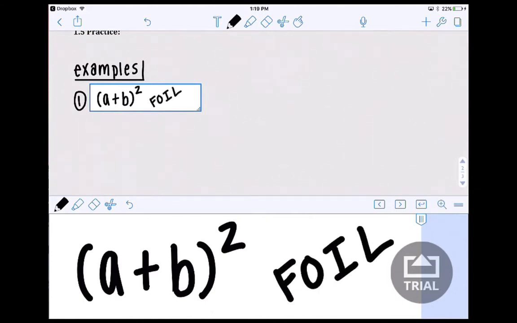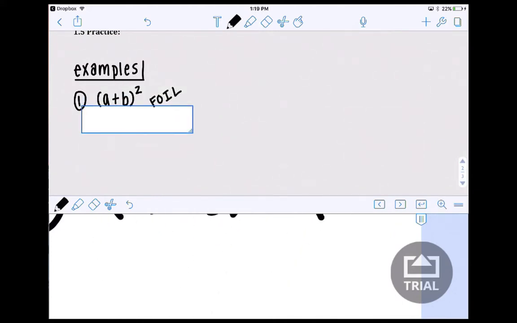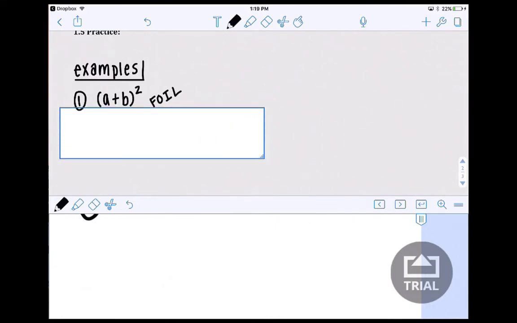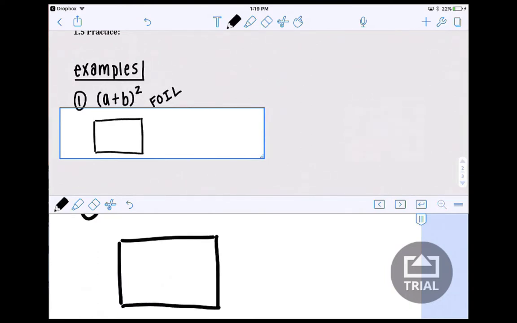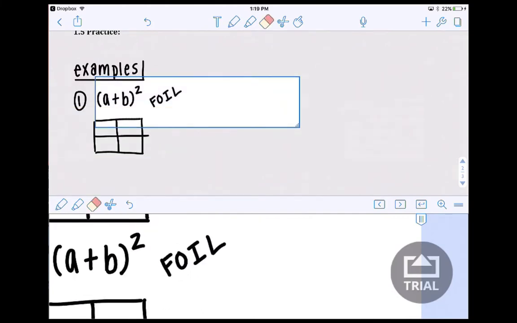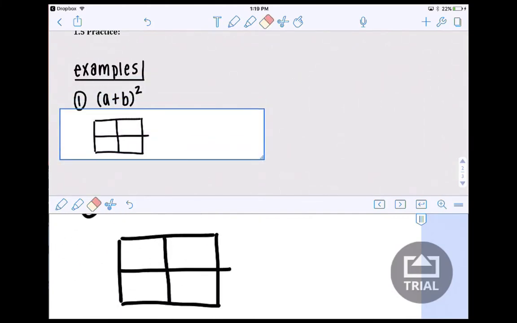And this is just a quick little example of how we FOIL. I am going to do it how I prefer. Now, some of you may have never seen the box before, but this is how I organize my work. So I'm going to erase this because it's actually technically the box. So if I do A, B, A, B. When I multiply this out, A times A is A squared.